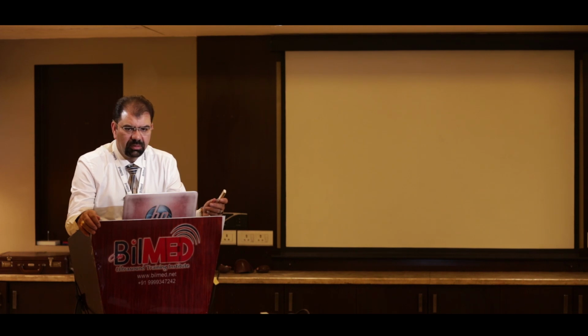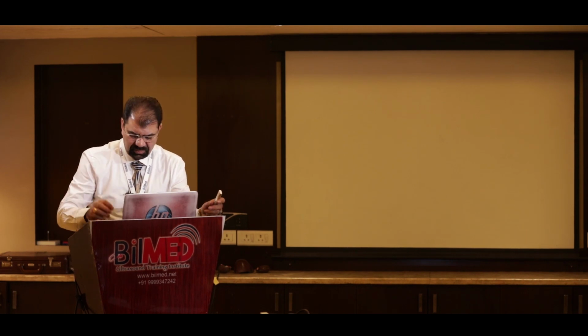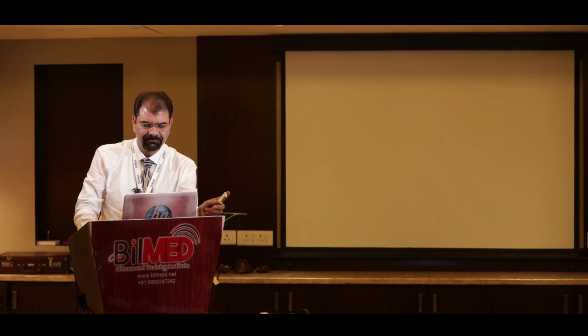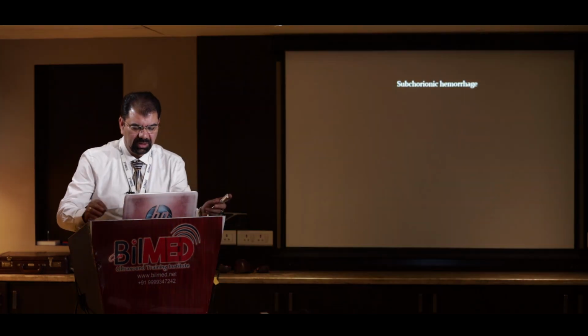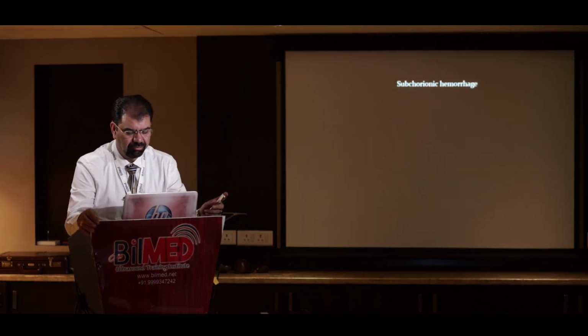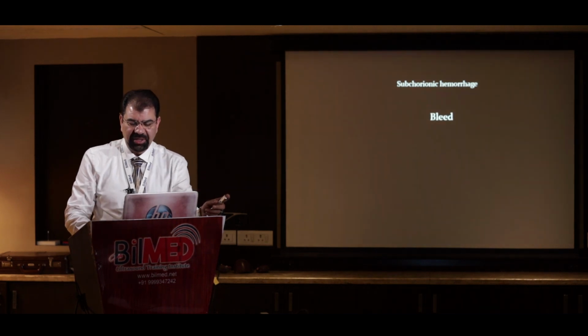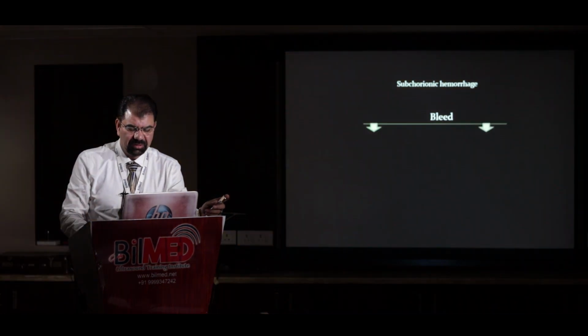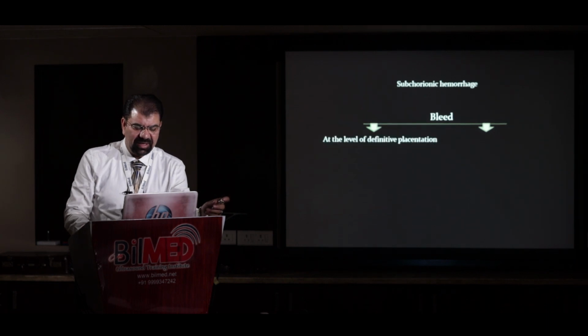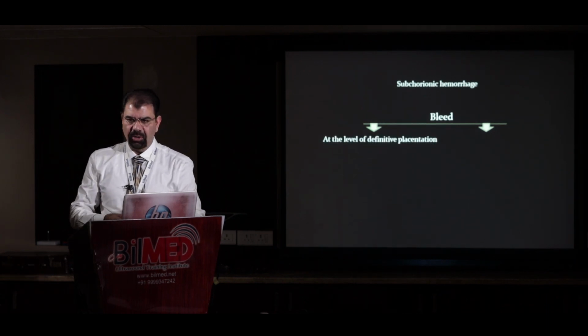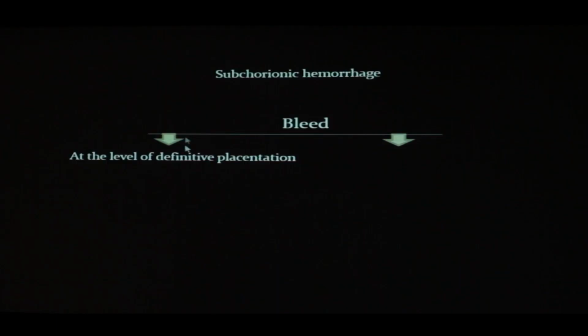So now we are starting the second session of early pregnancy, with subchorionic hemorrhage. Now see this bleed, whenever seen, it can be at the level of placentation. This is the chorion frondosum, which we have discussed, and we will talk more about this.